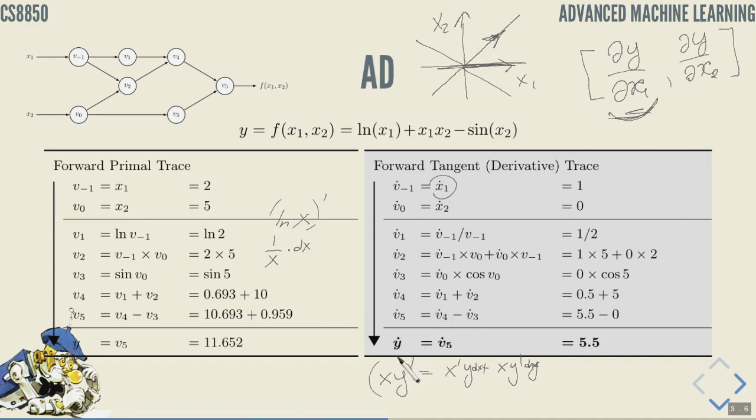In the end, what this whole procedure returns is a numerical value, precise up to machine precision, the value of the derivative at this point with respect to the first component.